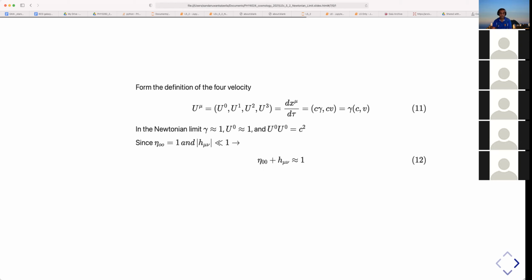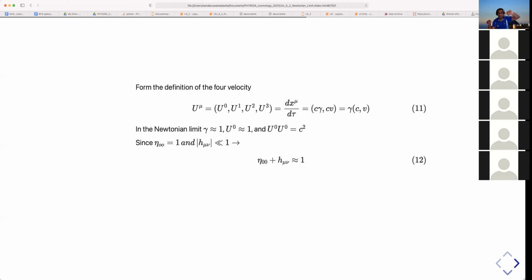The eta 0, 0 component, again, just think about the Minkowski metric. For flat space, you have only diagonal terms. The first one is 1, and all the other diagonal terms are minus 1. So 1, minus 1, minus 1, minus 1. That's how it is written. Now, when you are looking at only the 0, 0 term, that is the very first term of the Minkowski metric, and so that will be equal to 1.